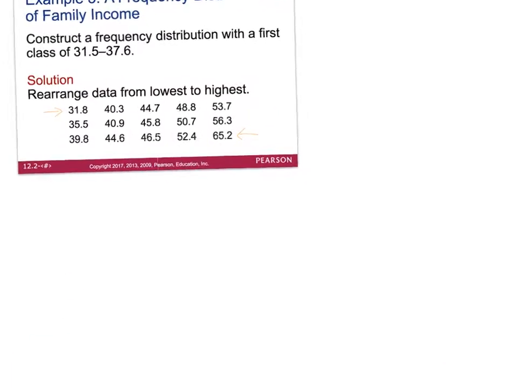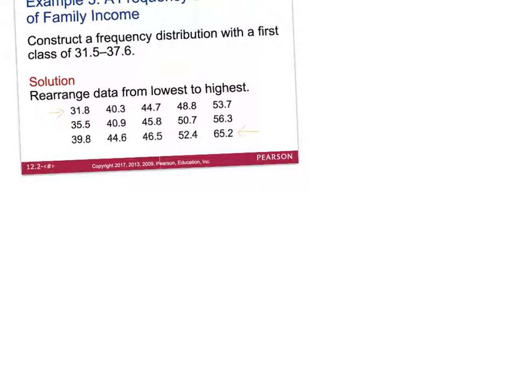I like to do it as a T-table. I put the values on the left, and I put the frequency on the right. I'm just going to put F for frequency. And they told me that the first class should be 31.5 to 37.6.